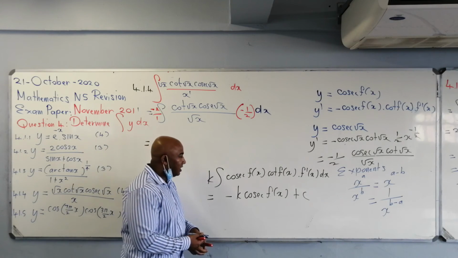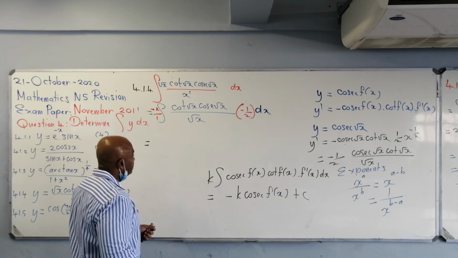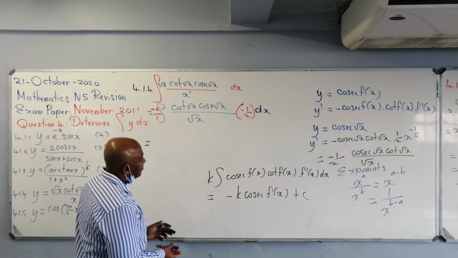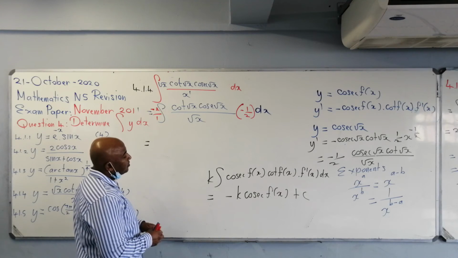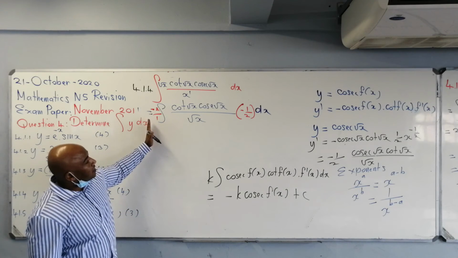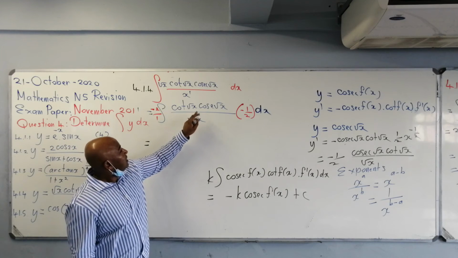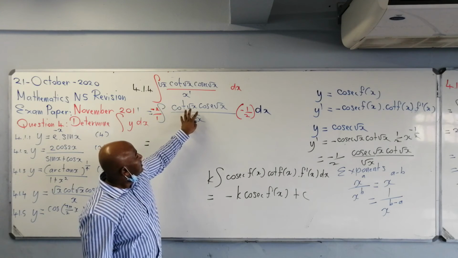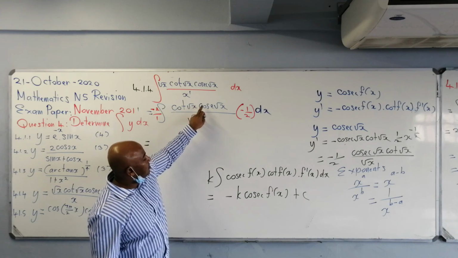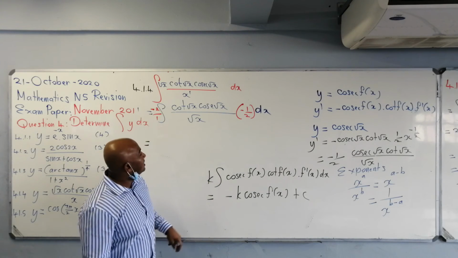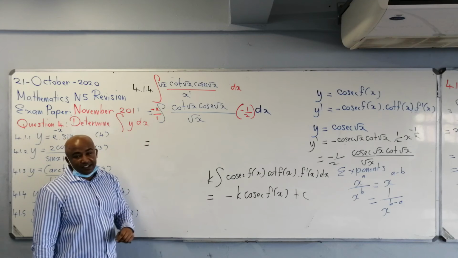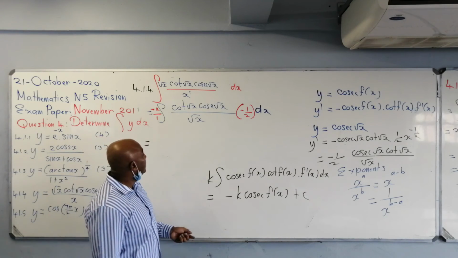Okay, so now here, you have your k, you have your cosec times cot times your f prime x, there's your f prime x here, and there's your k. So what is the answer going to be now?